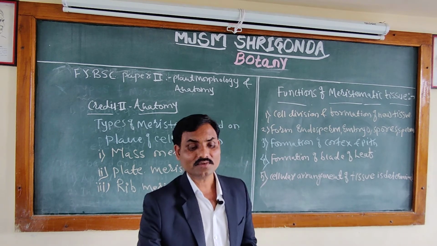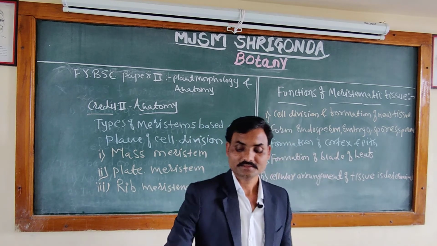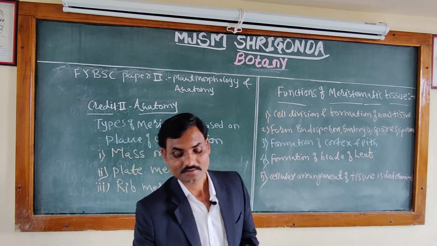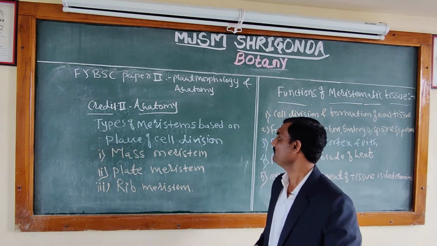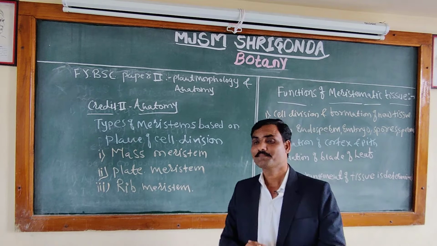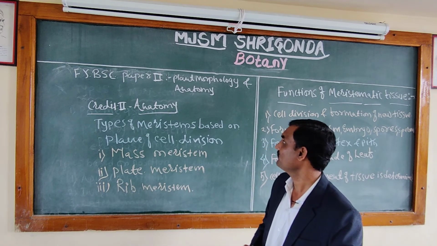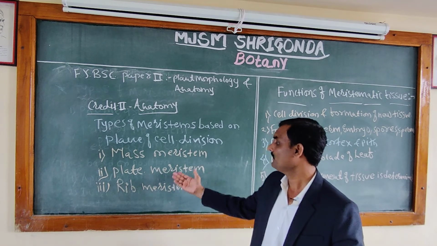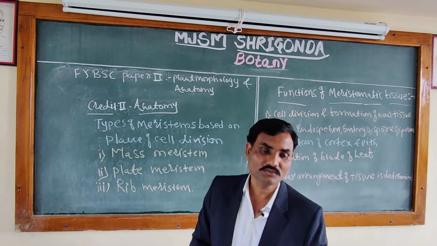In this way, there are different functions of the meristems. Based on the plane of cell division, they have different types of meristems: first is mass meristem, plate meristem, and rib meristem.